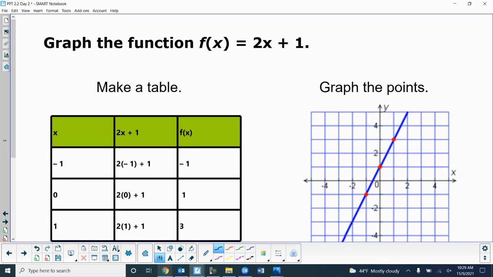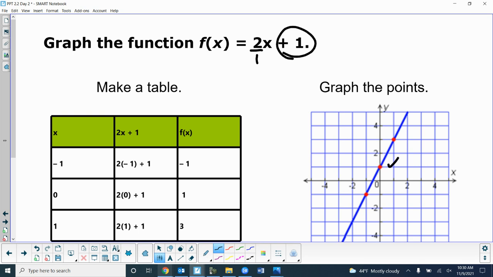So the way I would do this, you could do an XY table, but what's easier? What's this number? Y-intercept, right? So there's our y-intercept right there. And what's this number tell us? The slope, right? So from our y-intercept, we can rise 2 and run 1.